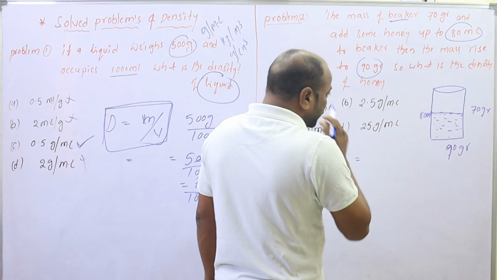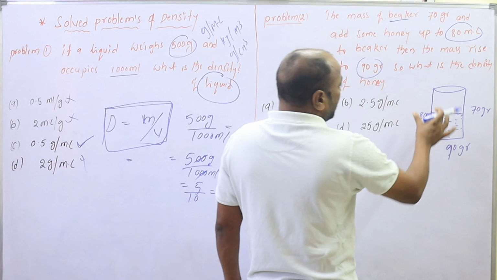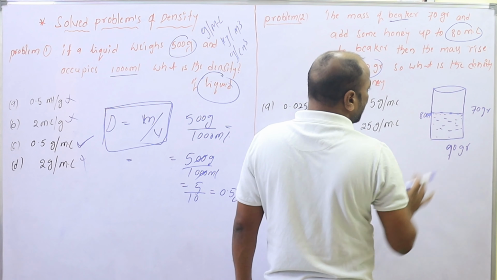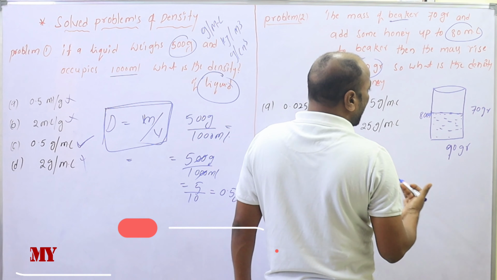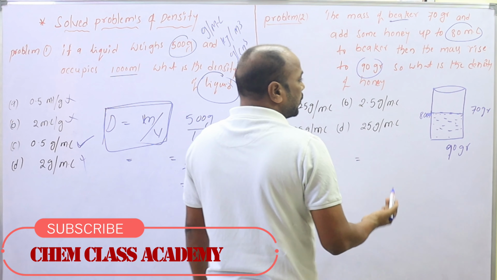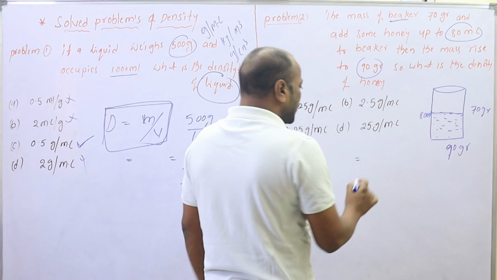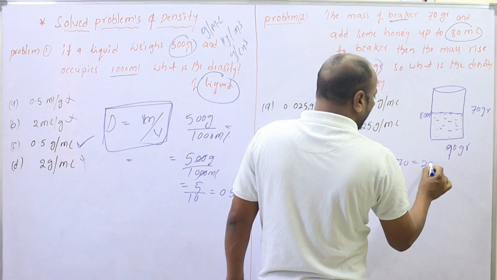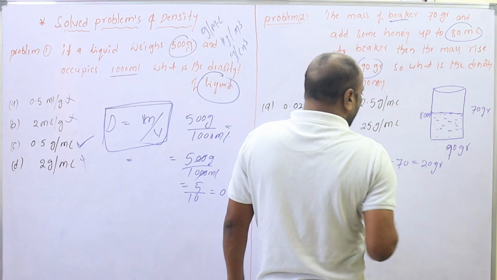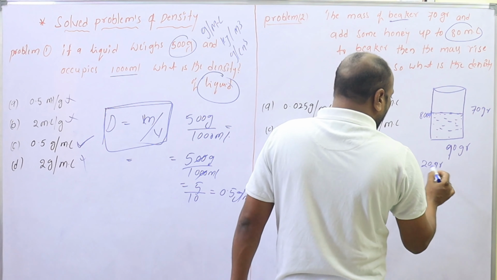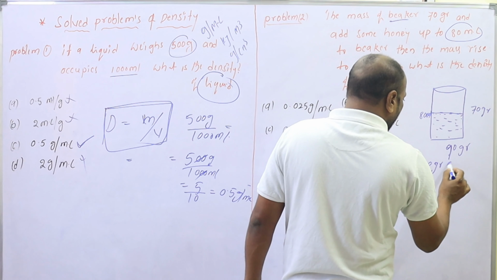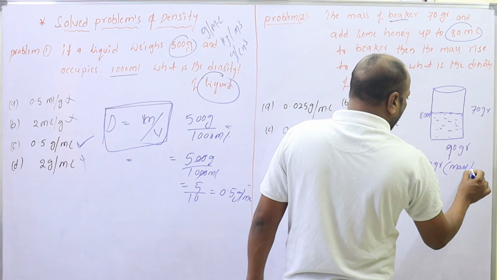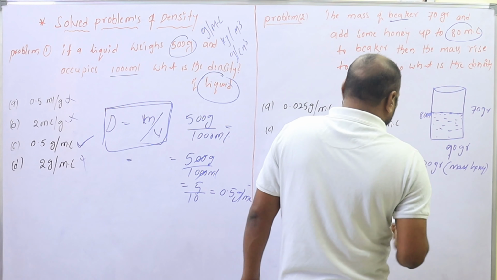Here the beaker weight is 70 grams, and after honey is added up to 80 ml the weight is 90 grams. So 90 minus 70 is equal to 20 grams, which is the mass of the honey.